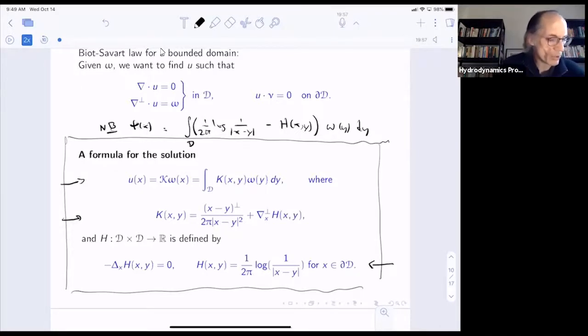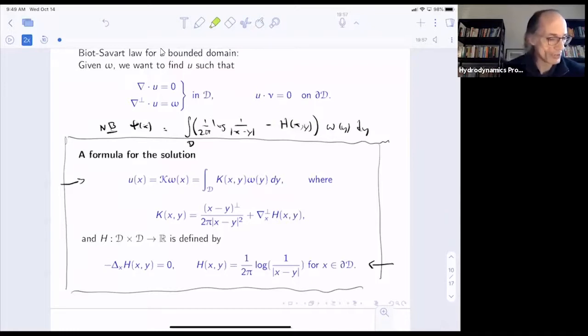What's the point? If I temporarily ignore the h of x, y term, we know that the Laplacian of that thing is equal to omega. That was one of the conditions I wanted for psi. Now I want to add on something that will preserve the Laplacian but change the boundary conditions.